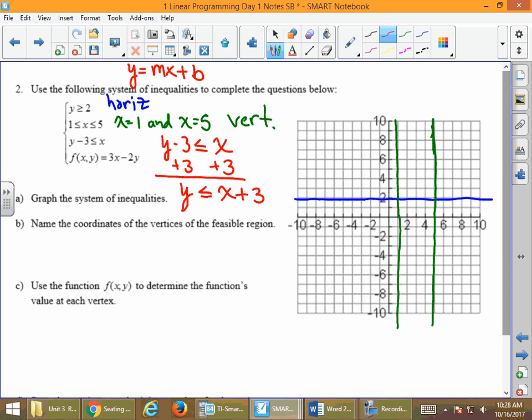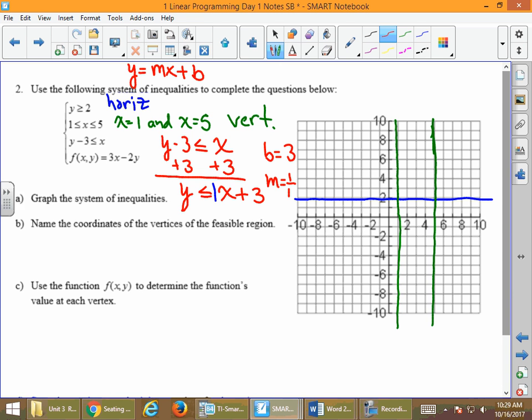And on this particular inequality, we need to be able to identify what does b equal, and hopefully you're saying 3. And what does our slope equal? Well, just a reminder, there's an unwritten 1 there. We can write it in there. And slope is rise over run.